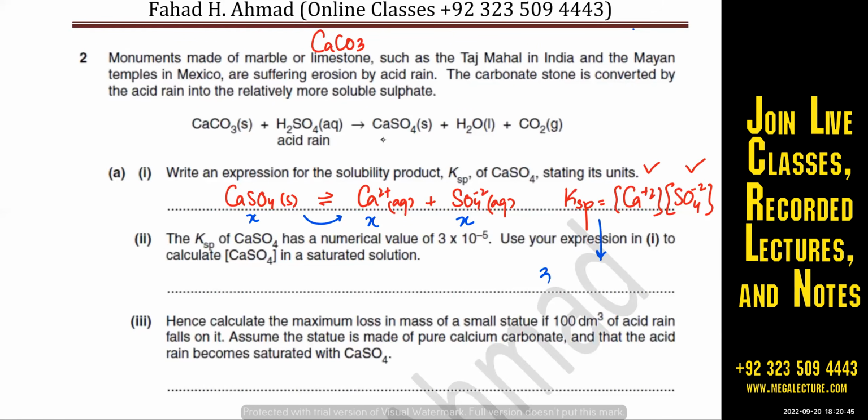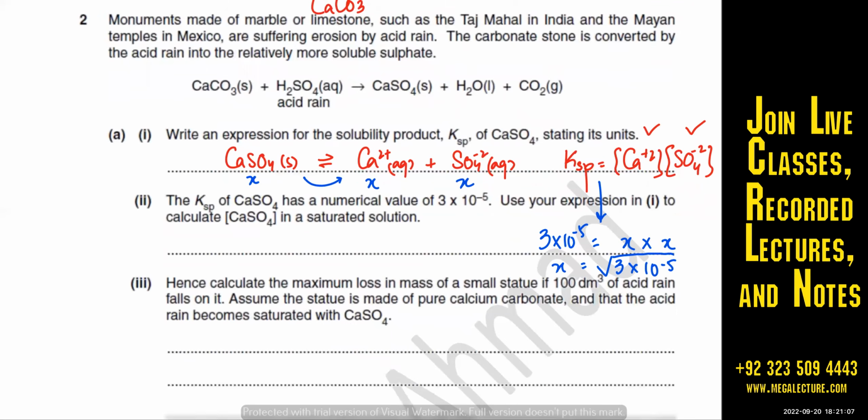I know the numerical value, that's 3 times 10 power minus 5. Calcium ion concentration is X, and the sulfate ion concentration will also be X. So what would X be? It's going to be the square root of 3 times 10 to the power minus 5. What do you get for this? Quickly, what do we get for this?